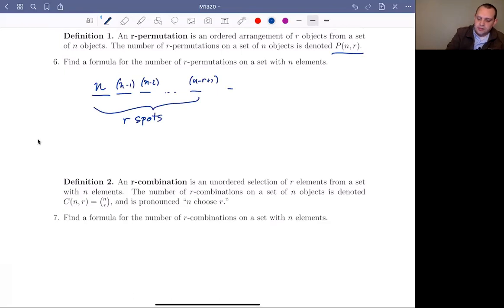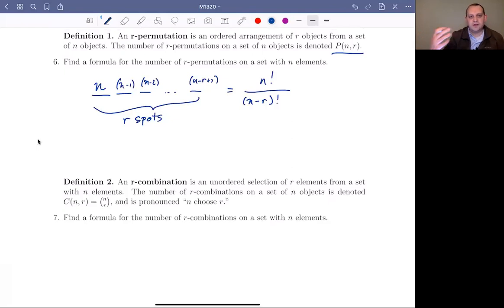And so this is going to be n times n minus 1 times n minus 2, all the way down to n minus r plus 1. And you could think of this, it turns out, as n factorial divided by n minus r factorial, which is where we got the 10 factorial over 7 factorial from before when our r was 3. Okay, so this is the number of ways that you can have an R permutation.